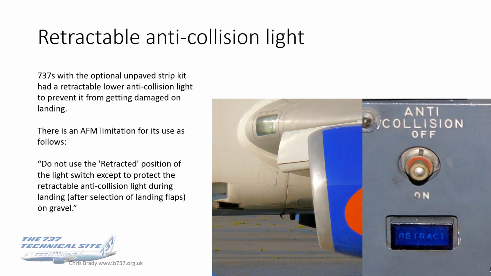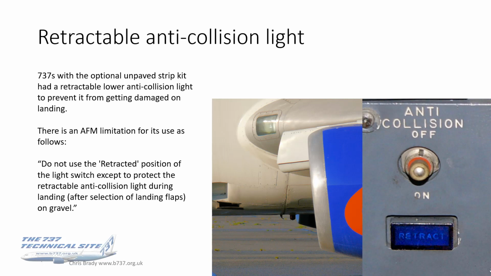The 73s with the optional unpaved strip kit had a retractable lower anti-col to prevent it from getting damaged on landing, and you can see the switch there on the only example of this type I ever operated. And there's an AFM limitation for its use as follows: do not use the retractor position of the light switch except to protect the retractable anti-col light during landing.